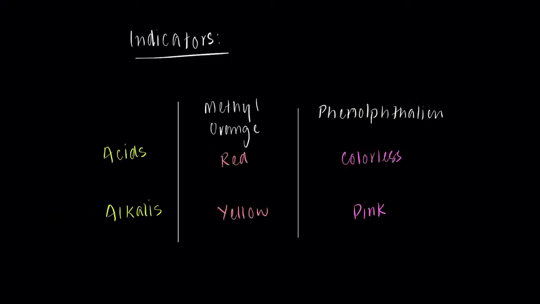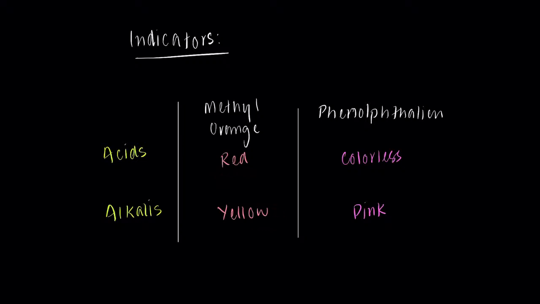Let's say I have HCl. Strictly, we'll talk about phenolphthalein because I like the color change it has, from colorless to pink. I like that a lot more than red to yellow because that's a shade that sometimes looks orange, which is kind of confusing.